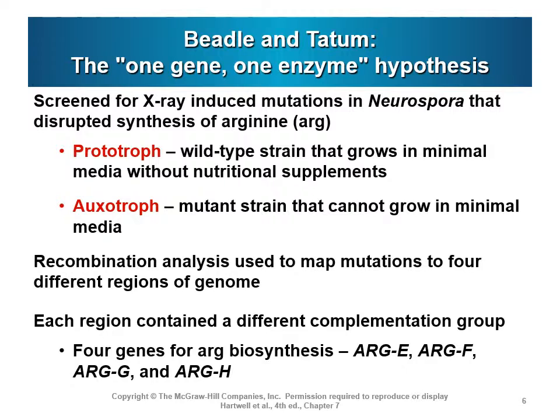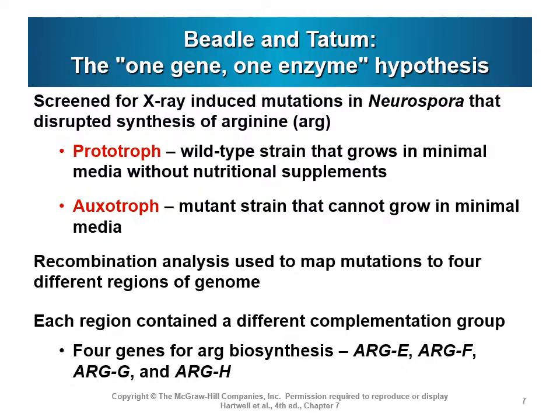So here is a question for you. What is the mechanism that is explaining this? To be more clear, here is the formulation for the question. We've seen that there are 4 different regions of the genome, ARG-E, ARG-F, ARG-G, and ARG-H, that are involved in synthesis of arginine for Neurospora organisms.